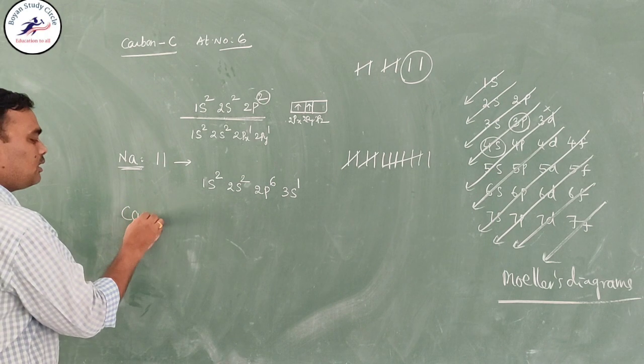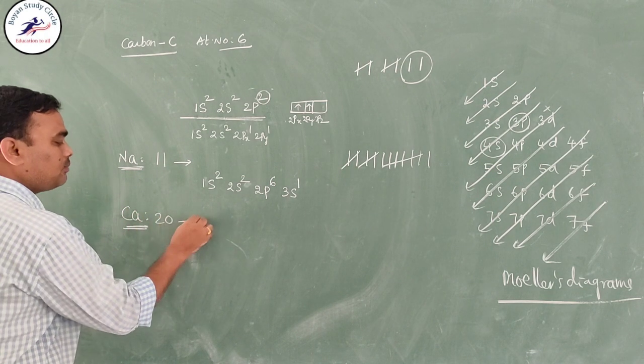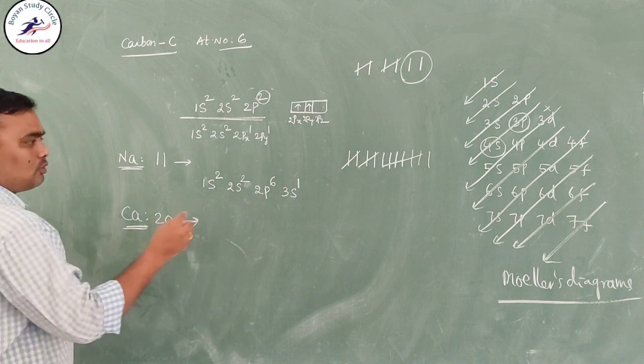Children, can you write the electronic configuration of calcium, which is 20? So take 20 lines.